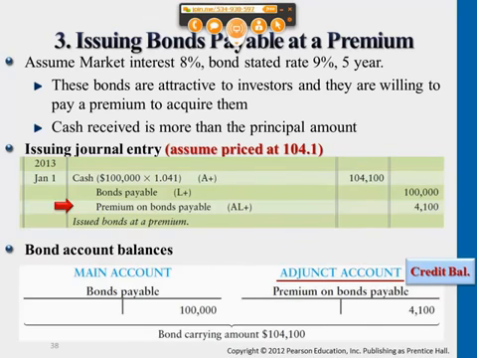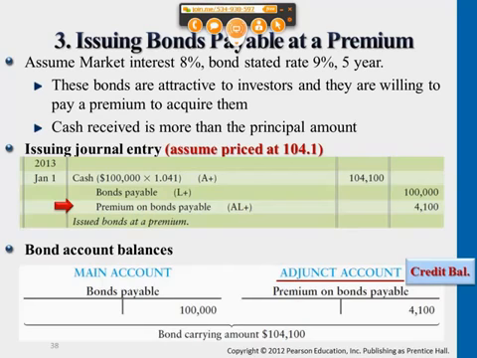Later on we will still be paying cash interest, but since we're getting a premium when we issue the bond, relatively speaking, the interest we're giving away to the creditor is not as high compared to issuing at face value, at par. The company had $100,000 in mind, but when they issue the bond, they're collecting, in reality, $4,100 more than the face value.